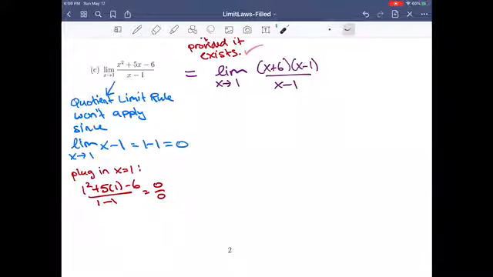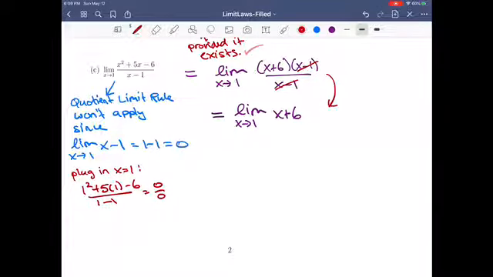So we are going to rewrite our function, and here's where that rule 7 comes in. Because I can cancel this, rule 7 says the limit here is equal to the limit as x goes to 1 of just x plus 6.